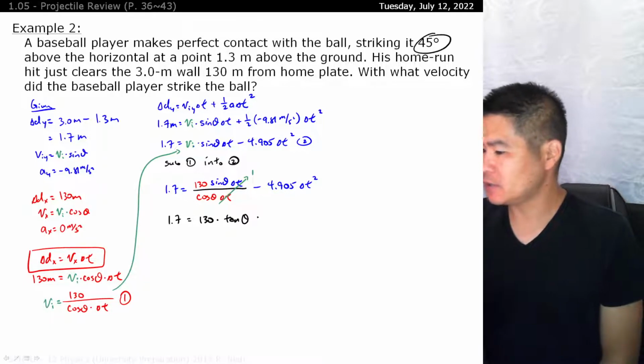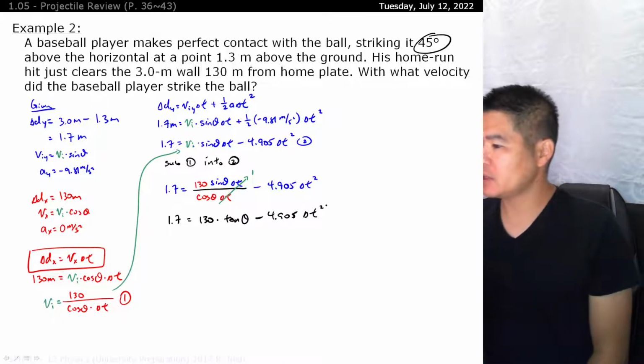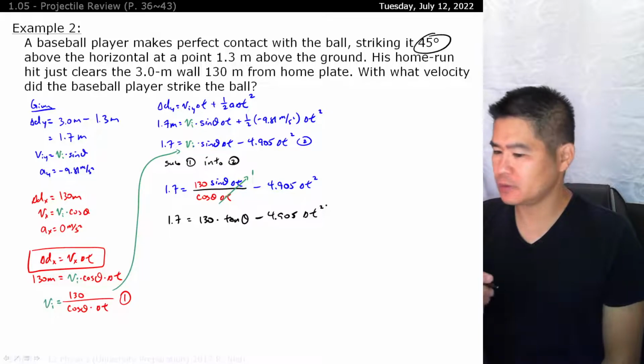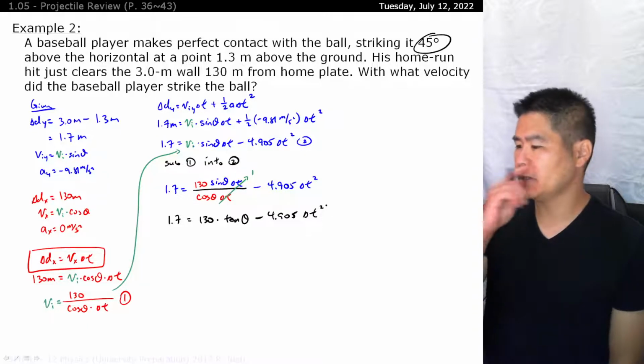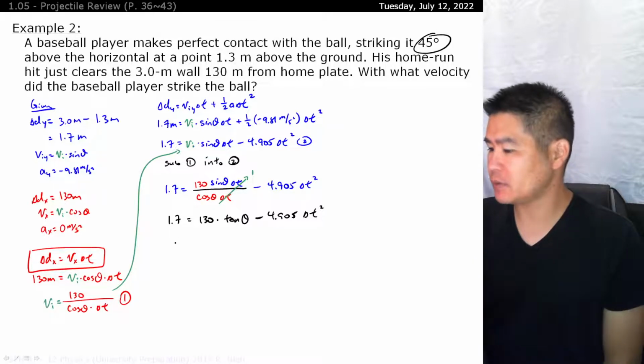So that, subtract 4.905 delta t squared. What did I do wrong here? Nothing. Wait, something's off. No, that's fine, because we are trying to solve for the time here, that's what we're left with.